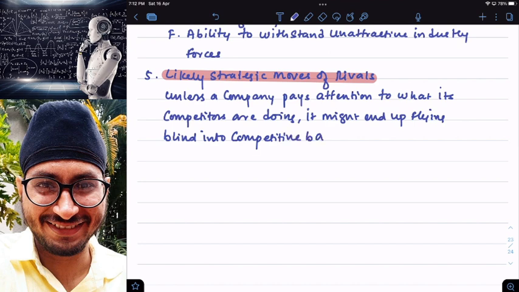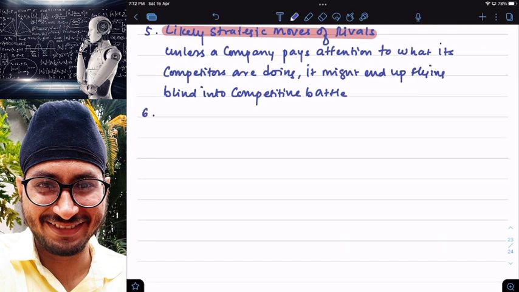Competitive battle means if I don't pay attention to what my competitors are doing, like a blind person, I will enter into the competition where I'm 100% sure I'm going to lose this battle. I'm never going to win. I'm never going to succeed in my business. That is called likely strategic moves of rivals.